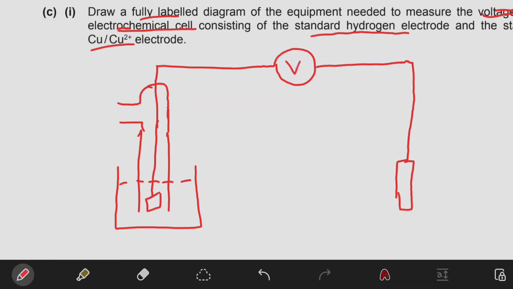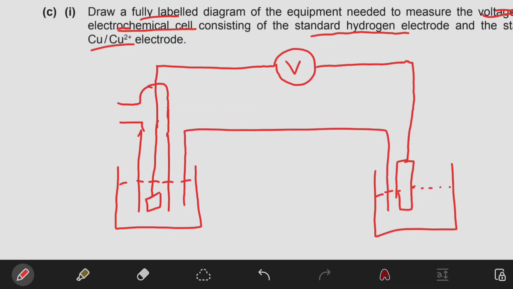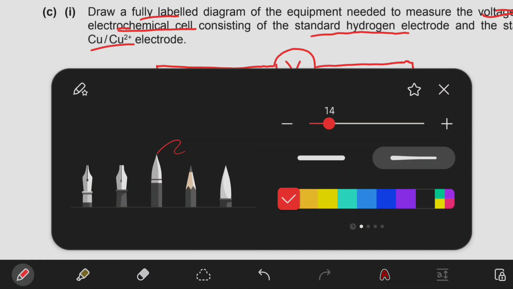This is the voltmeter, and it is very important to show the voltmeter and the salt bridge. And you have to label too.